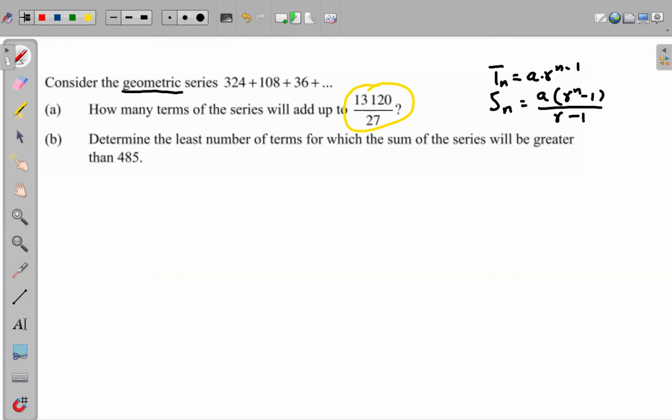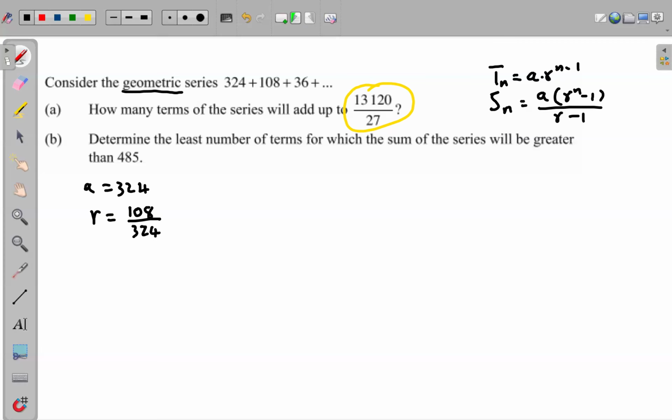So let's quickly find out what our a and our r are. We know what a is, so let's note that a is 324. And then for r, we have to do 108 divided by 324. You can't do 324 divided by 108. At this stage you are doomed if you do that. It's sort of a breakdown, so please don't do that.